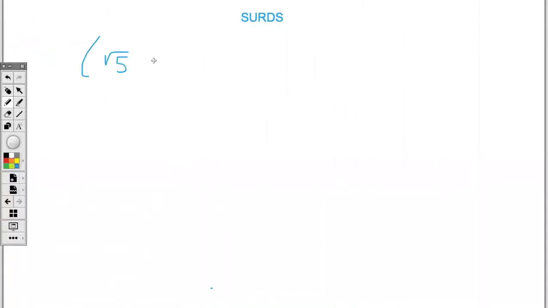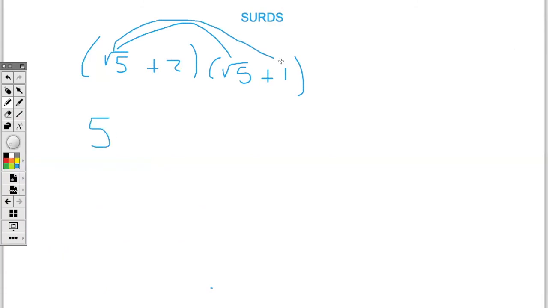If we have root 5 plus 2 and root 5 plus 1, multiplying root 5 times root 5, that gives us 5. Then root 5 times 1, that's root 5. 2 times root 5 to give us 2 root 5.